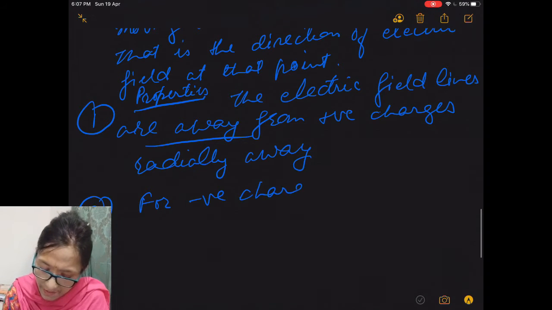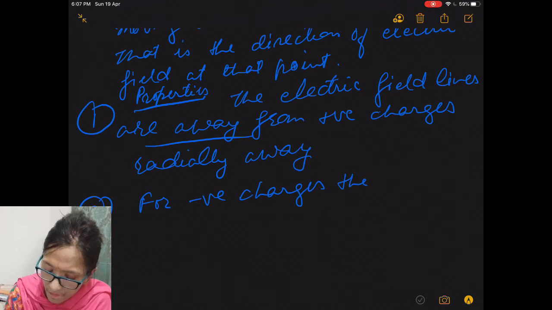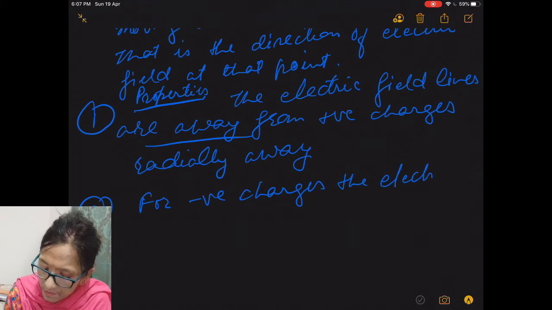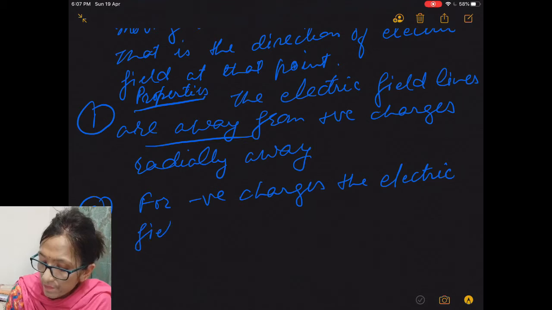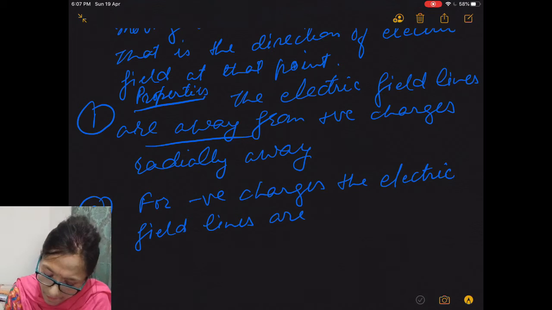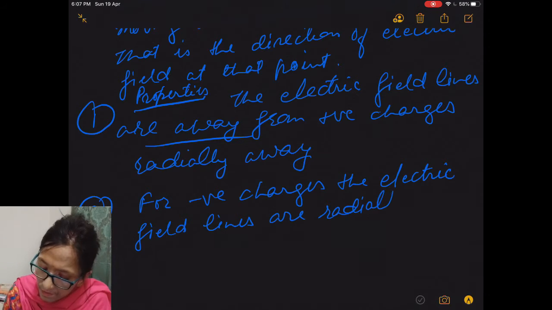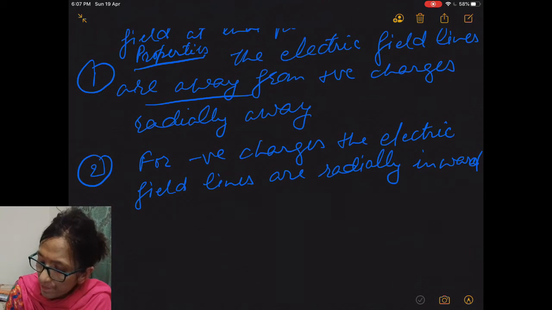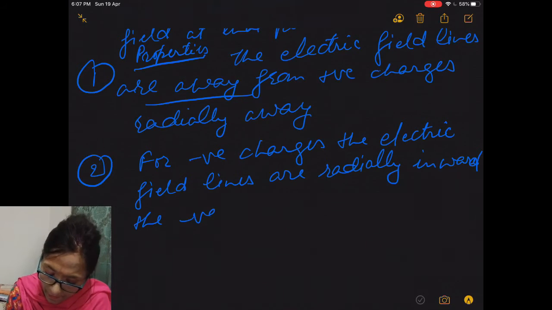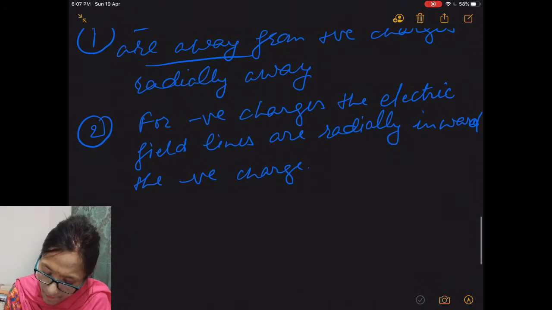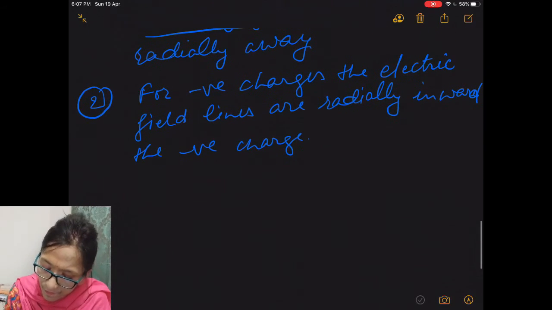For negative charges, the electric field lines are radially inward. The negative charge. Okay.